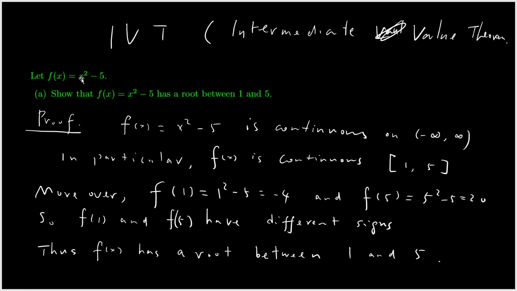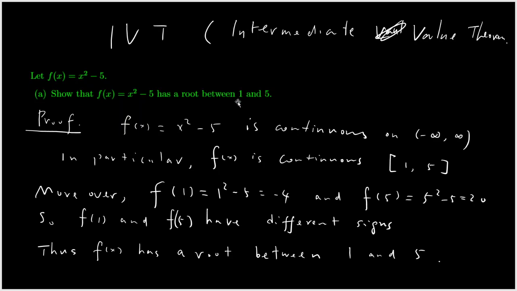Actually, for this one, you can imagine you know the root. The root is square root of 5. But I'm going to use a simple question to illustrate Newton's method. Actually, the question is equivalent to trying to approximate square root of 5. You're going to see it. Okay.